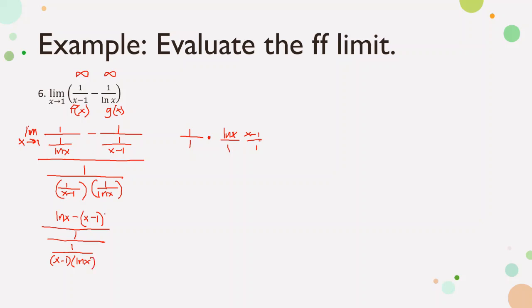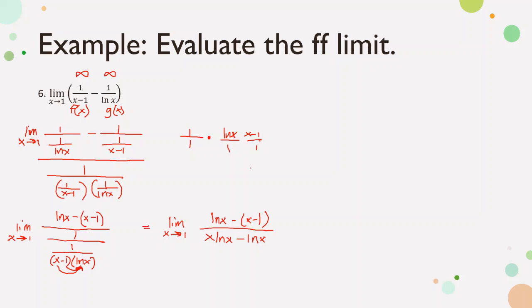So that would give us ln x minus x minus 1 all over x ln x minus ln x. I just distributed this x times ln x and negative 1 times ln x. So that's why it became x ln x minus ln x.